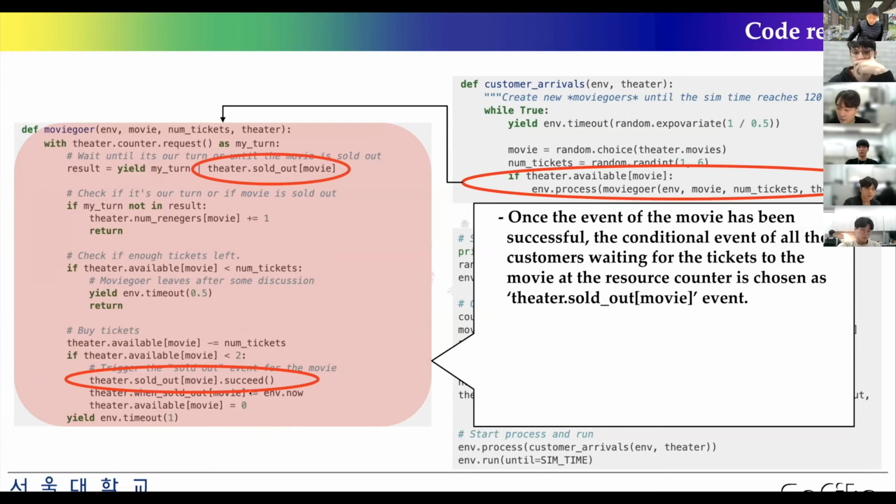If in this part, the available number of tickets for the relevant movie is changed to 0, and the next customer wants to see the randomly chosen movie here, and the available variable is 0, then in this part, this simulation cannot process this moviegoer anymore.